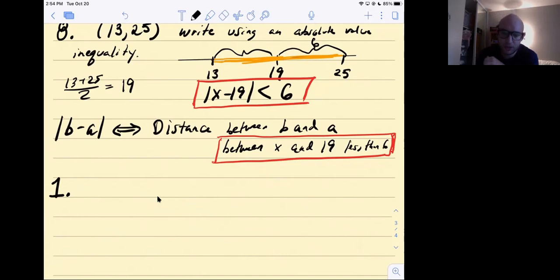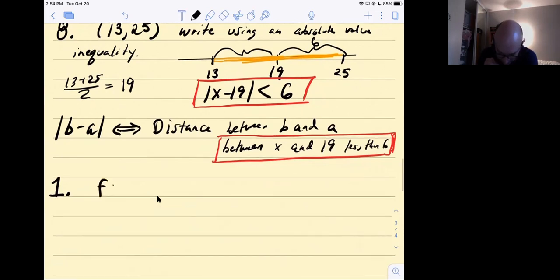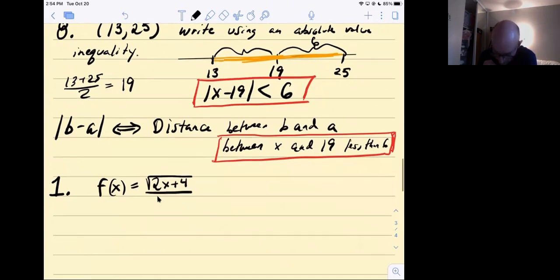Okay, number 1 is f of x equals the square root of 2x plus 4, all over x plus 1.